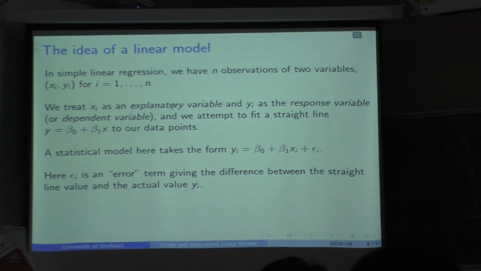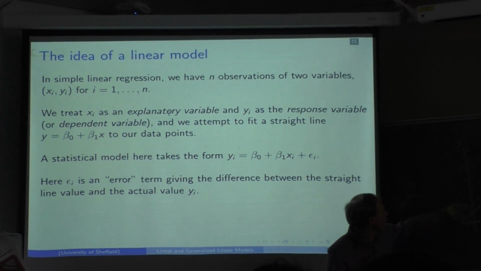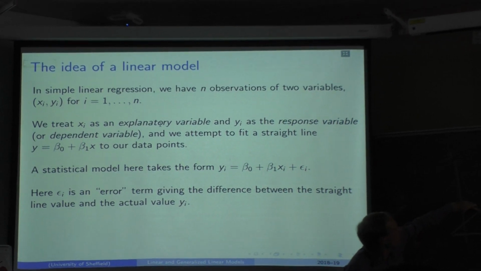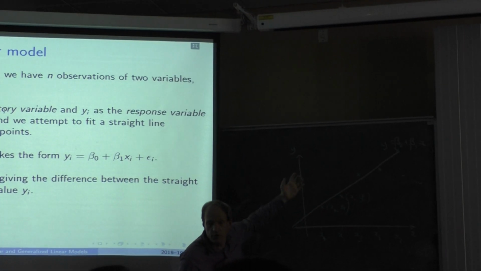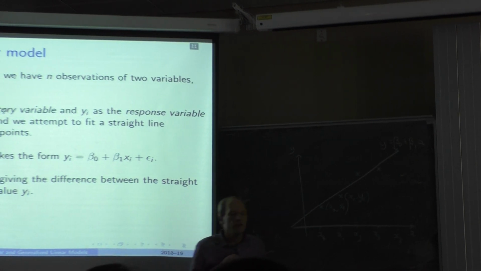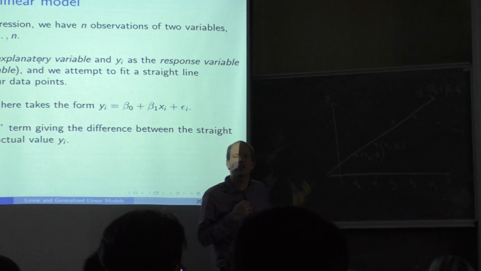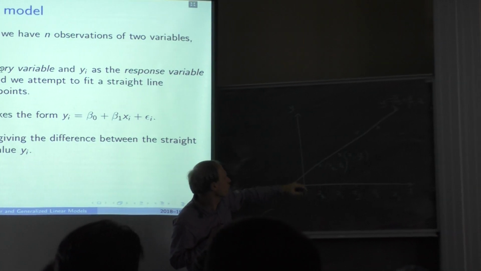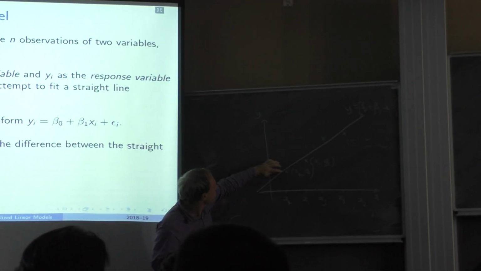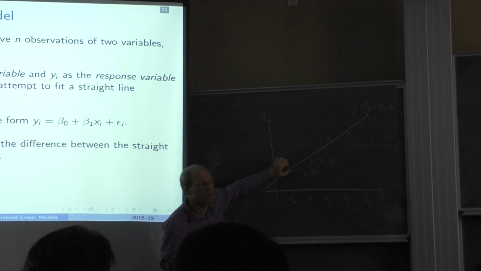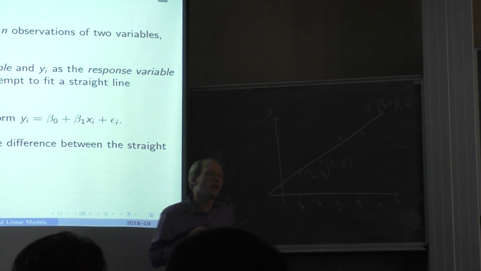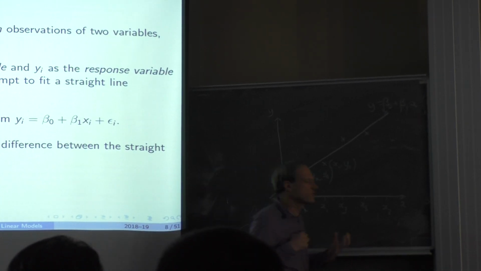So in a situation like this, the explanatory variable tells us that for x4, we expect the value to be on this line. That's what is in the model. However, there is also some variation appearing in the y values which does not come from the explanatory variable x, and that appears as some sort of random variation around the point on the line. And that is what the epsilon i is.